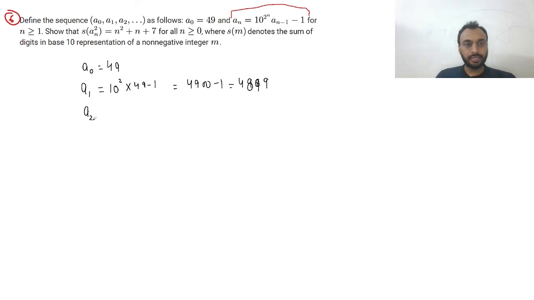If we go for A2, it is A1 times 10 power 4 minus 1, which is 4899 followed by 4 zeros minus 1.